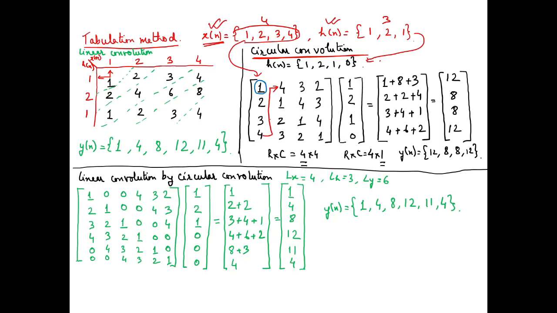Okay, then again this last number will come to the first. The other numbers will move diagonally down. Again this last number will come.